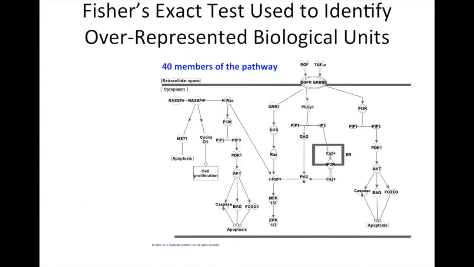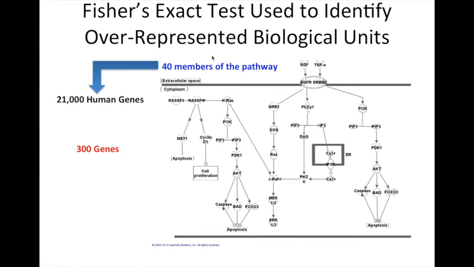So how does this work? Say you want to determine whether this pathway, or this gang, is playing a role in the particular biological condition you're investigating, or is guilty of the crime. The statistics behind this is pretty simple. Say this pathway has 40 members, and you want to determine whether it is playing a role in the 300 genes that you found were either upregulated or downregulated in lung tumors.